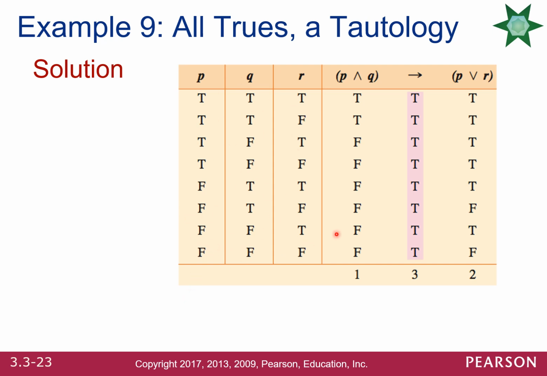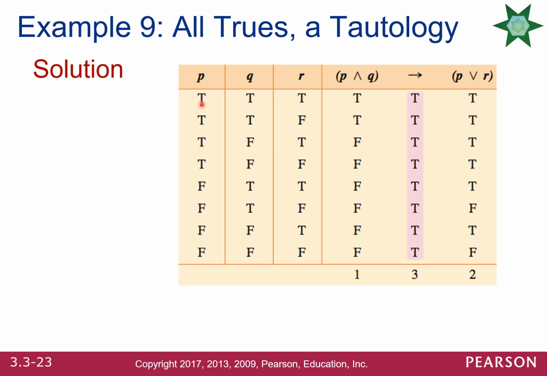On the right hand side of the table, we have the statement that we have to evaluate: P and Q within brackets, followed by the if condition, followed by P or R. Let's evaluate P and Q first. Recall that for the and, it'll be a true value only when both statements are true. Otherwise, it'll always end up being a false.